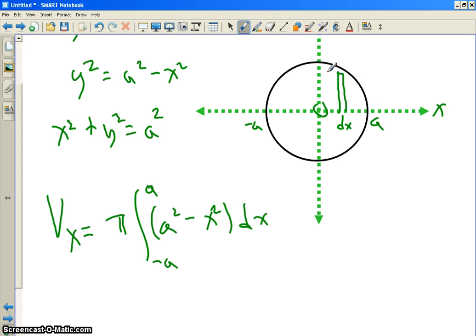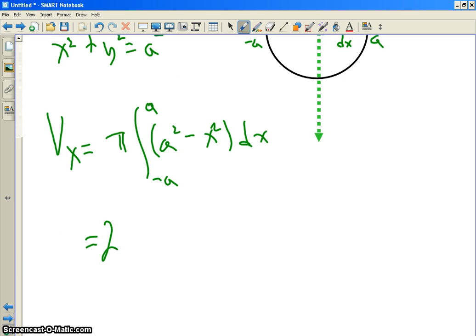But by symmetry's sake, isn't that double this quarter circle revolved around the x-axis? So why don't I just double the volume from 0 to A? Just make life easy later on, because it's nice when there's a 0 in there. You don't have to have a 0 in there. You could work with it. And a lot of times you can't get a 0 there, but why not make it easy if you can?